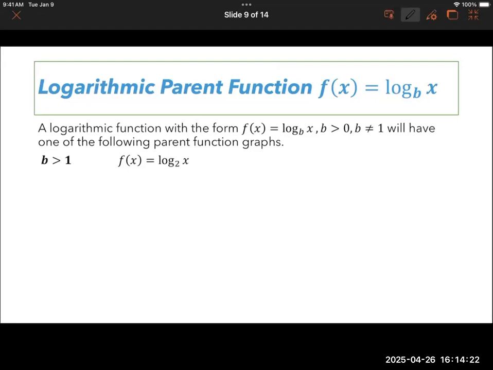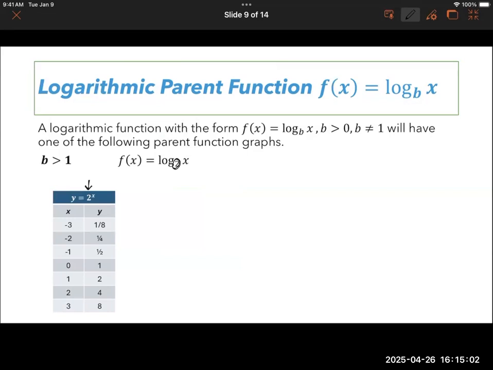So let's think about b greater than 1 first of all. As an example, we'll take a look at f of x equals log base 2 of x. Now, honestly, I find the easiest way to graph logarithmic functions is to first think about the inverse exponential function. So if b is 2 here, I can think of the exponential function where b is 2 and come up with the xy coordinates for several points of that function.